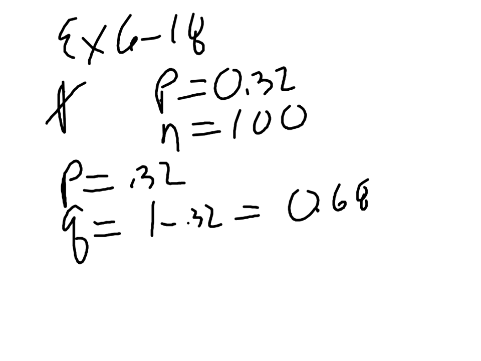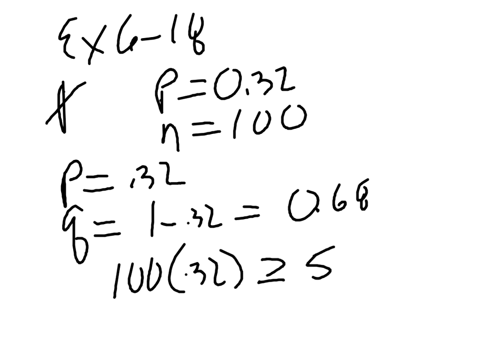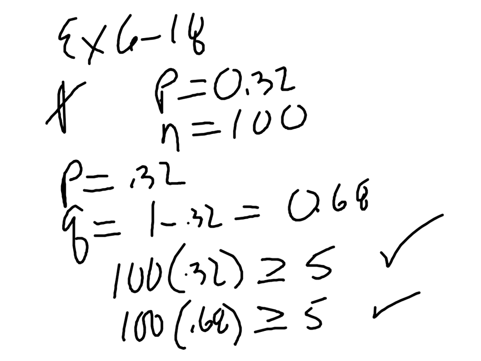And so we're going to have a total of 100 at-bats, okay? So is it true that 100 times 0.32 is greater than or equal to 5? That's equal to 32, so certainly that's true. And n times q would be 100 times 0.68, and that's certainly greater than or equal to 5. So we have verified that we can use our normal distribution tables.